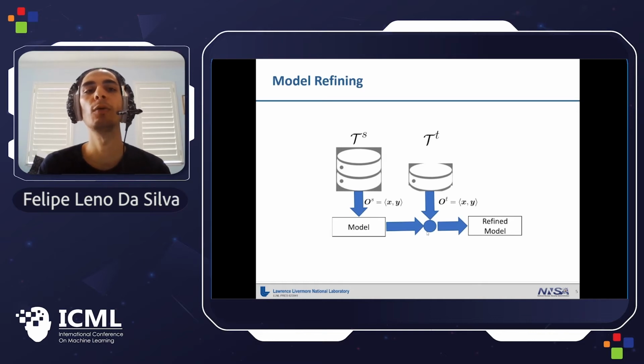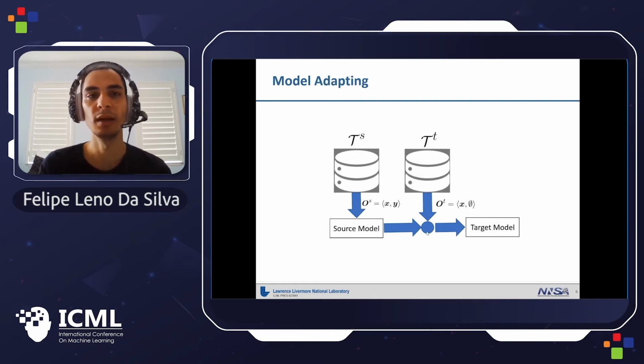So we propose two different scenarios in which you could do transfer learning. The first one we call model refining, which basically means that you train a model using the data set from the source task, and then use the data that you have from the target task to refine this model. So change the model a little bit to be more specific for the target task, and then you have a refined model that is hopefully much better than if you had only used the small amount of data that you have for the target task.